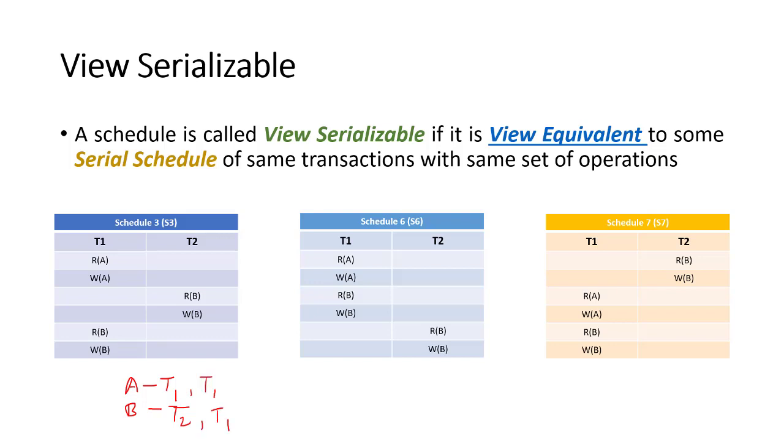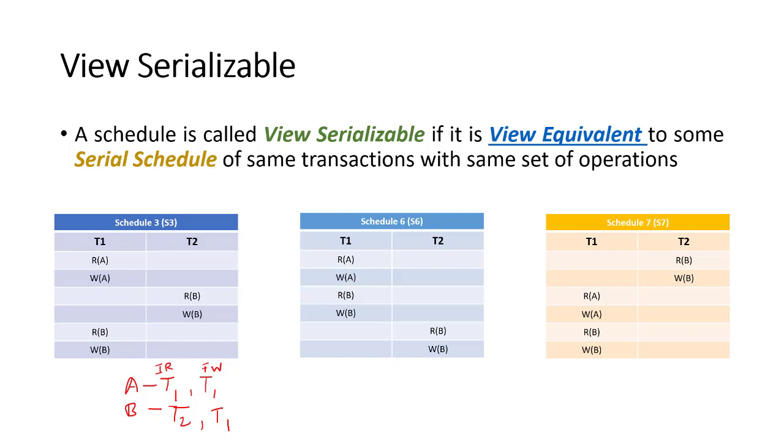So this is for initial read and this is for final write. Now, which operation? Here we can see that transaction 2 is writing a data which is read by transaction 1.